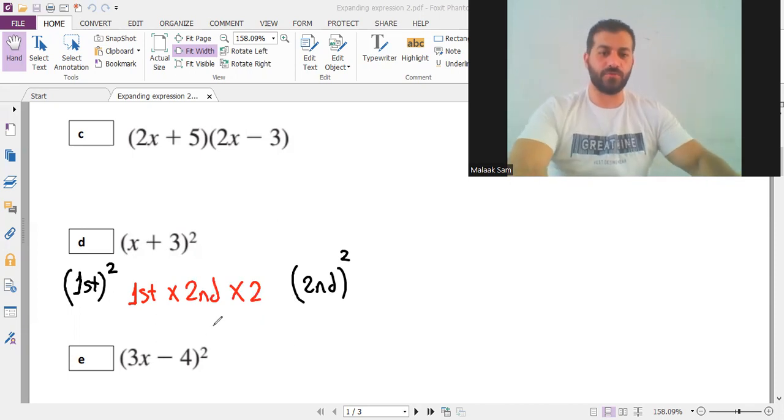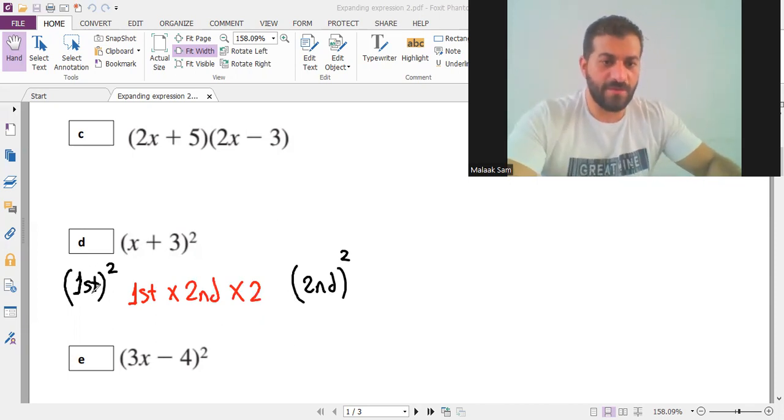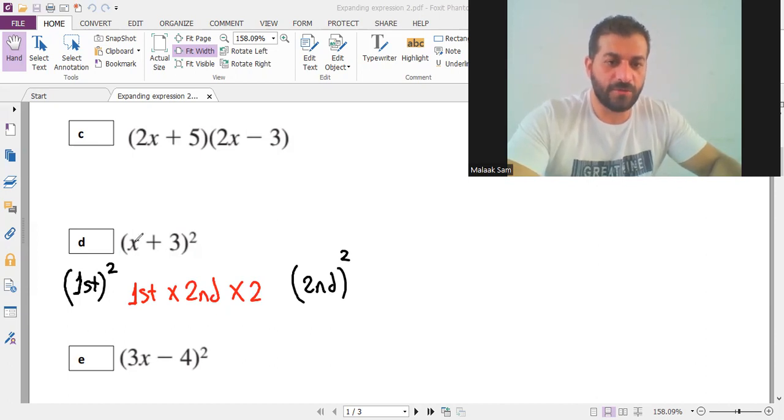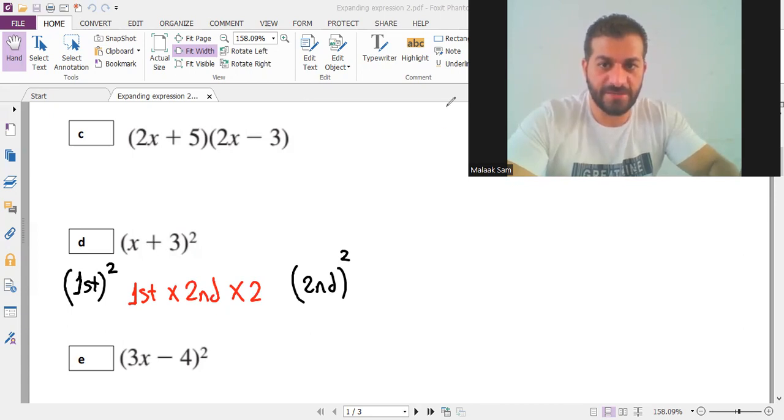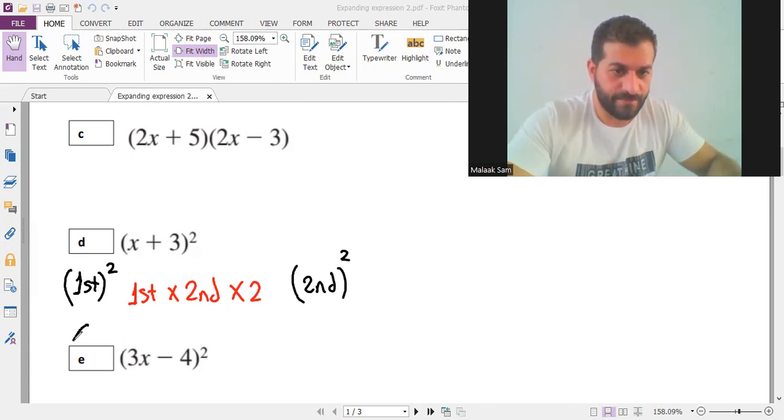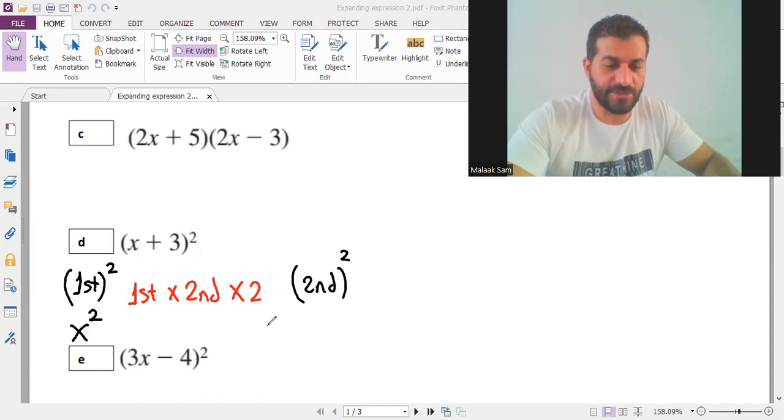Let's apply this rule. So what's the meaning of the first square? The first square means to multiply x by itself. So x times x is going to be x squared directly. And the second square, 3 multiplied by 3, will be plus 9.